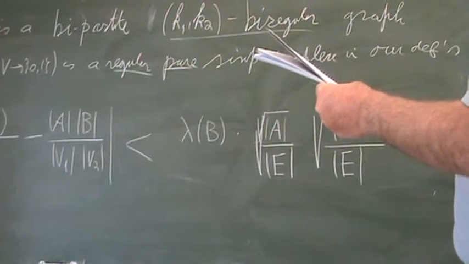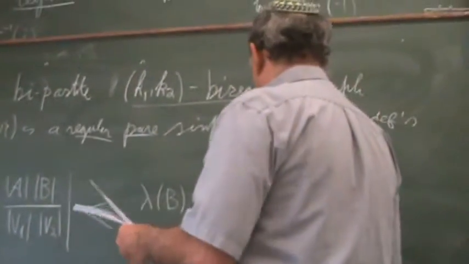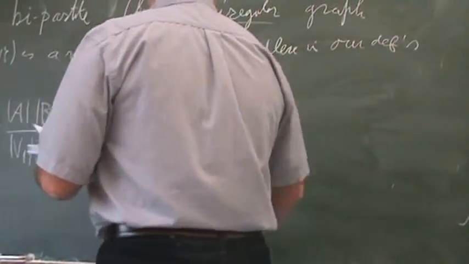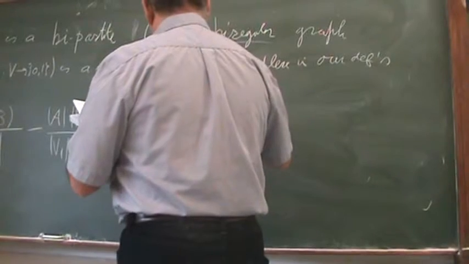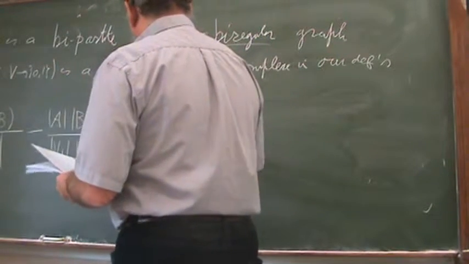Second largest eigenvalue. And right after that, I said that this is lambda B, the second largest eigenvalue.